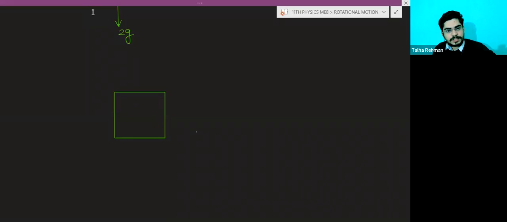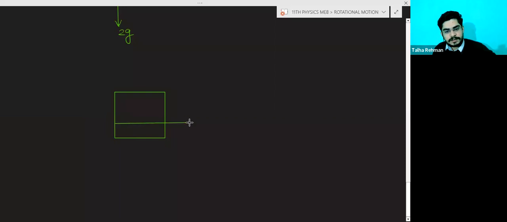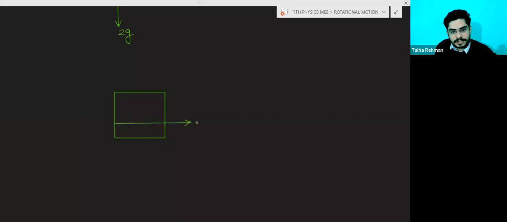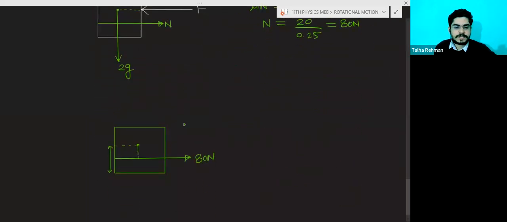Means the normal reaction is acting like this, 80 Newton of normal reaction is acting, and there is a point here, and this distance will be, because this is a cubical block, so this distance will be 1 centimeter.